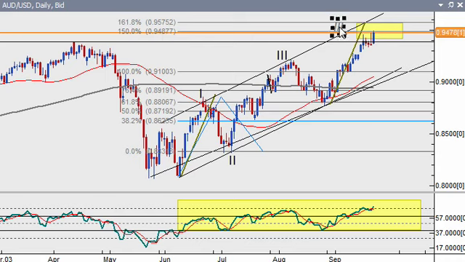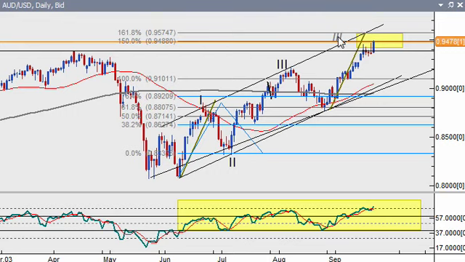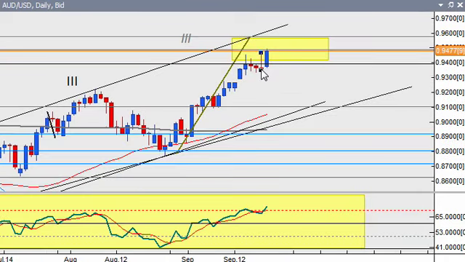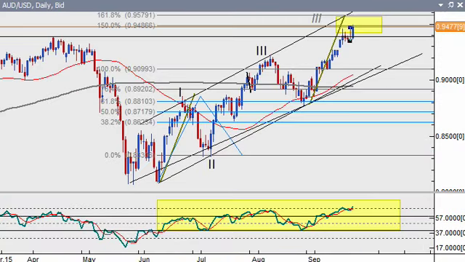So that could still be your wave 3. But in any case, here today we have a continuation type of pattern. If it closes above these highs created by this tail here, your RSI is also higher. So in the daily time frame, we see a very strong continuation in the bullish trend.